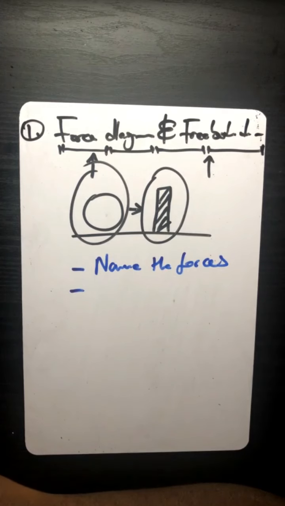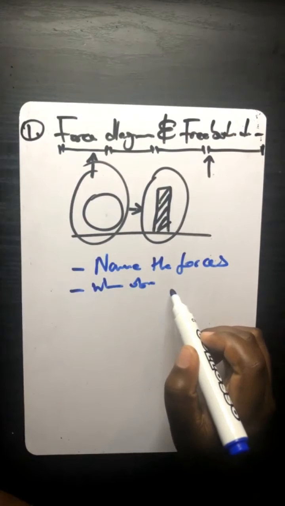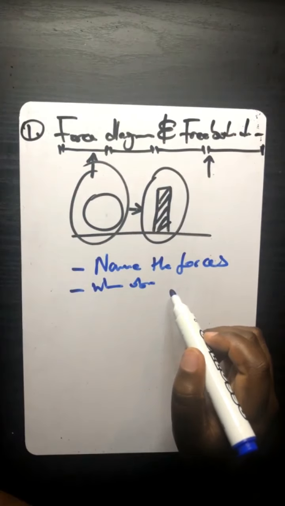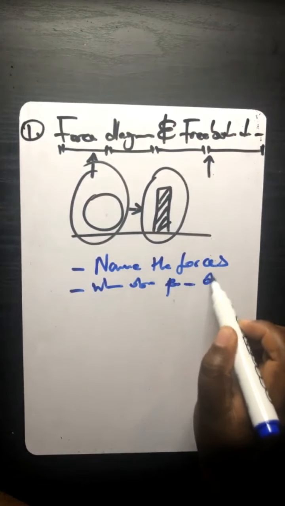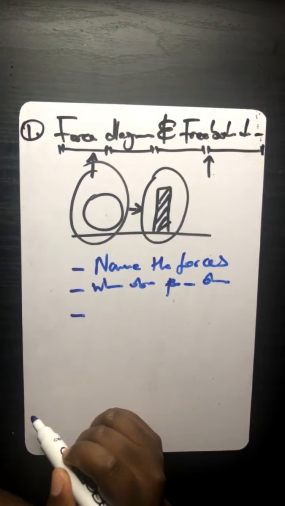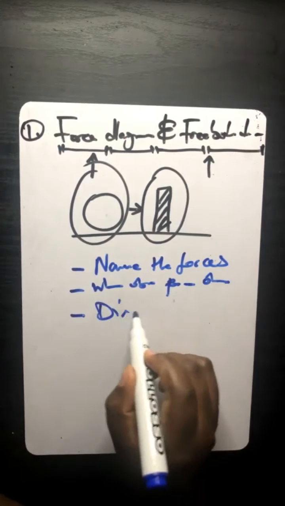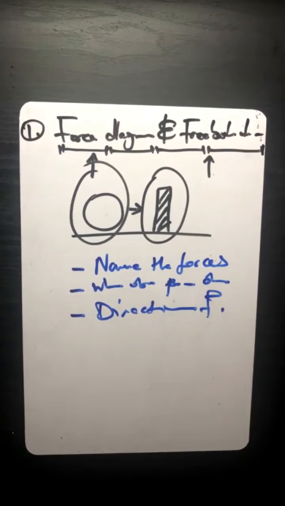Lastly, state the direction of the force. Very, very much important, ladies and gentlemen, that you take into account all of that information, because otherwise we won't give what the examiner wants.